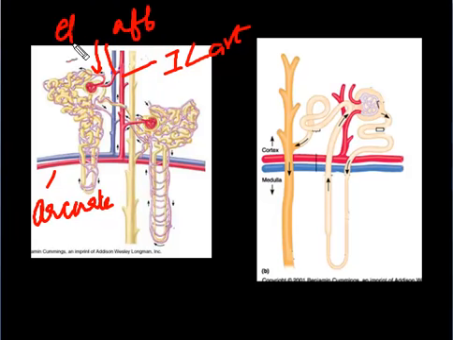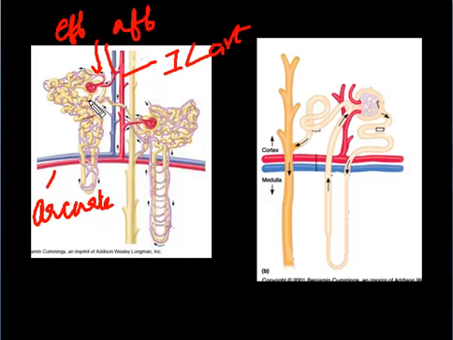This is the efferent arteriole. This efferent arteriole gives rise to this whole bunch of capillary plexus, which is called the peritubular capillary plexus. That capillary plexus finally leads into a vein which exits and gets into the interlobular vein.